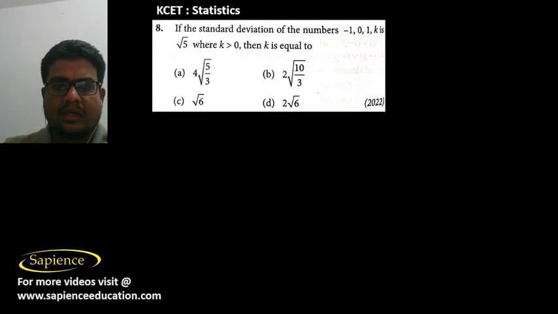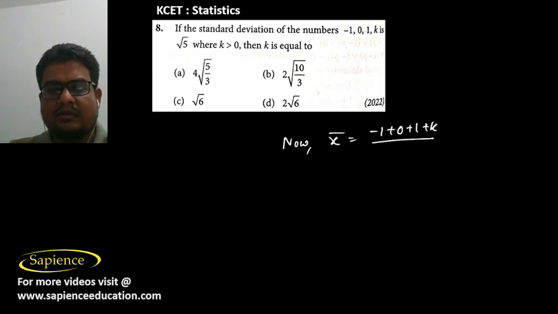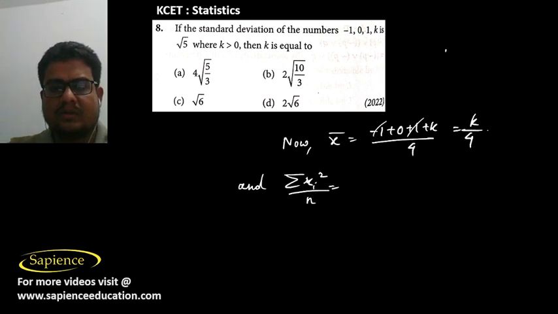Then in question number 8, it is told that if the standard deviation of the numbers is root 5, then k is equal to what. So now the mean value for them is minus 1 plus 0 plus 1 plus k divided by 4, that is equal to k by 4. And summation xi square by n, so here we have 4 observations, so n is equal to 4.